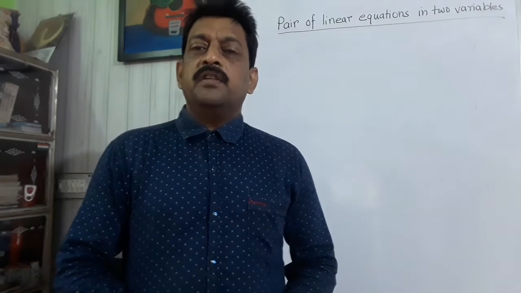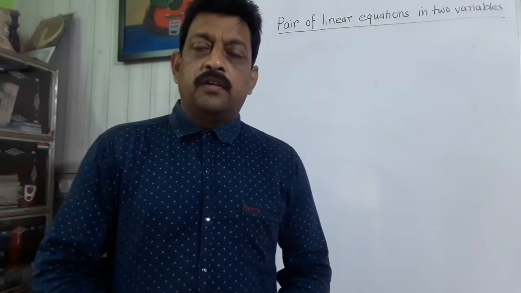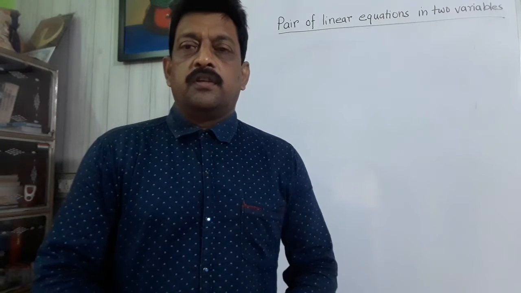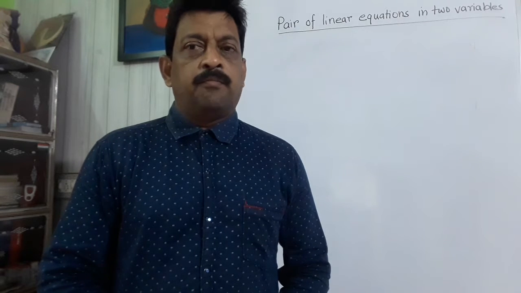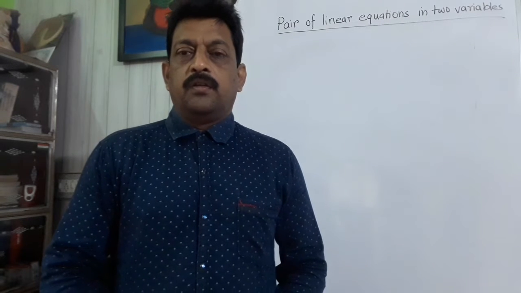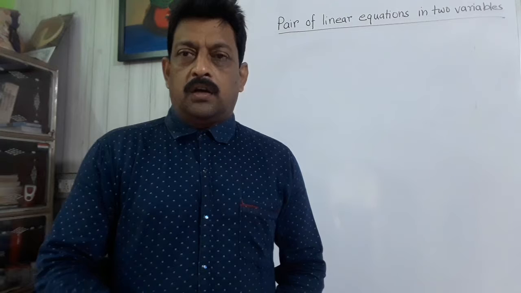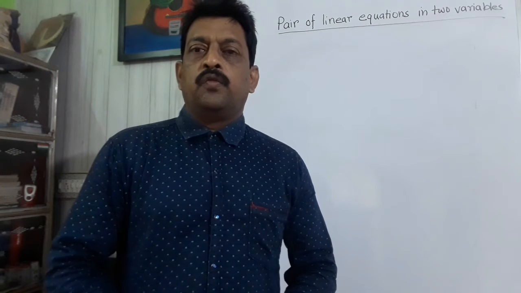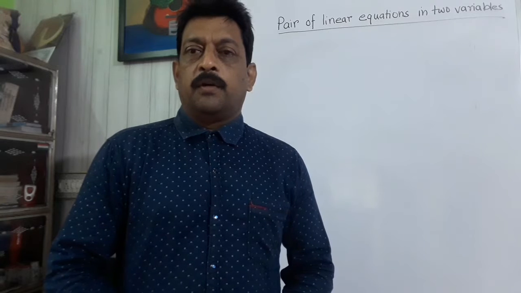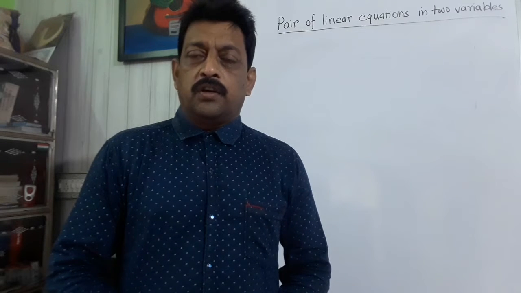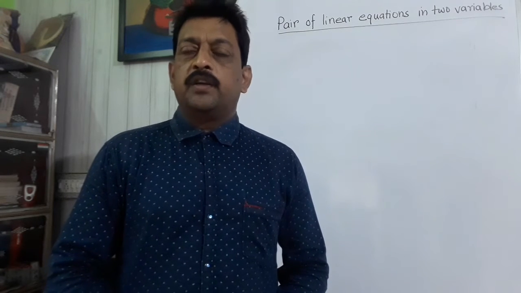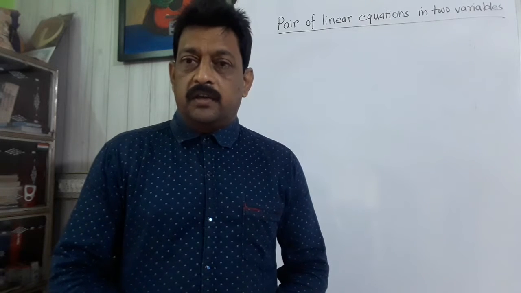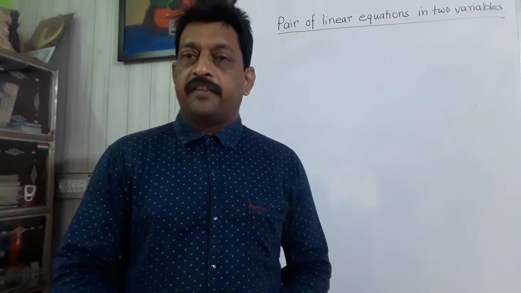This is the continuation class of a pair of linear equations in two variables from class 10 mathematics. We have done three or four classes on this chapter where we have learned about the nature of the pair of linear equations, how it is represented algebraically and how it is represented graphically.